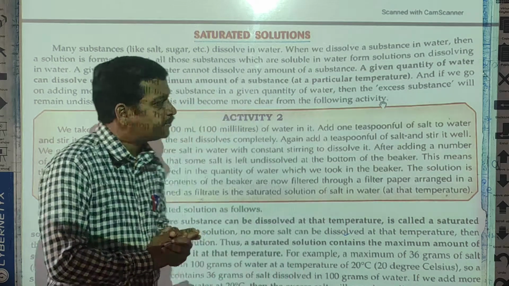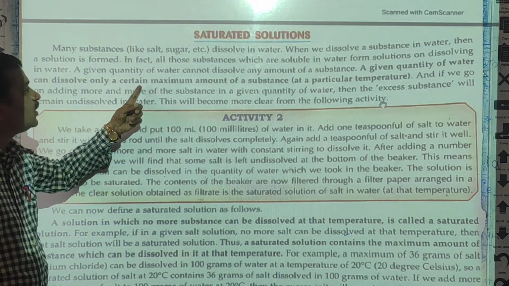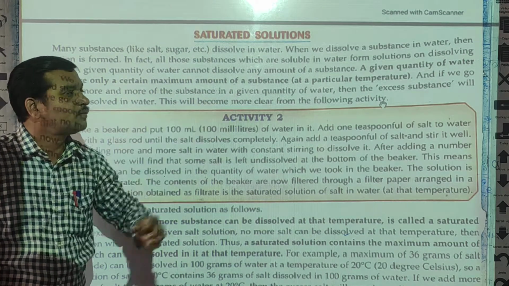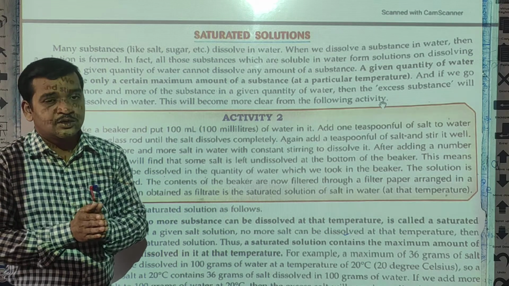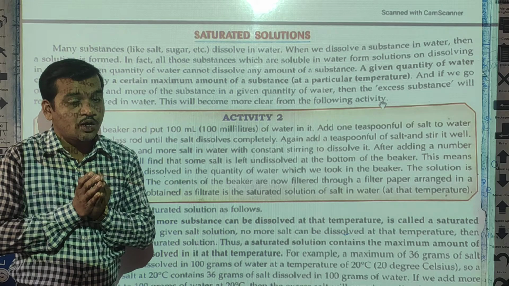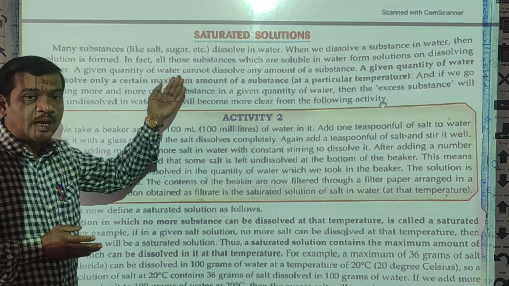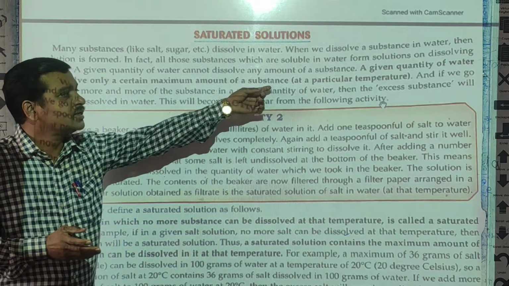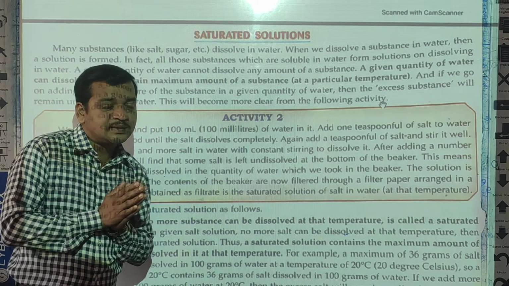Now see here, a given quantity of water can dissolve only a certain maximum amount of substance. Whatever the given quantity of water is, it can dissolve only a certain maximum amount of substance.